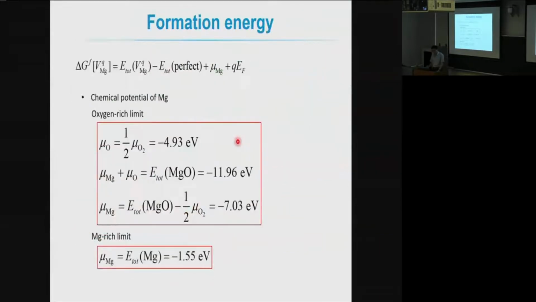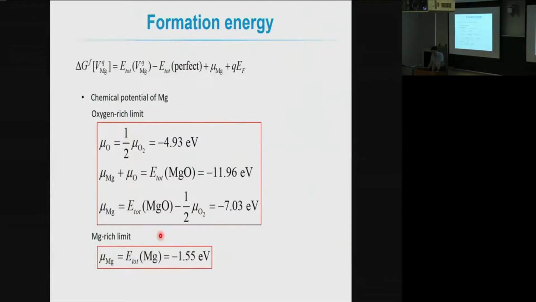All right, but anyway, you can calculate the corresponding formation energy of the V center. The same way, you can consider the oxygen rich limit. In this case, your MgO is in contact with pure oxygen gas. And in the magnesium rich case, your system is embedded in pure magnesium.